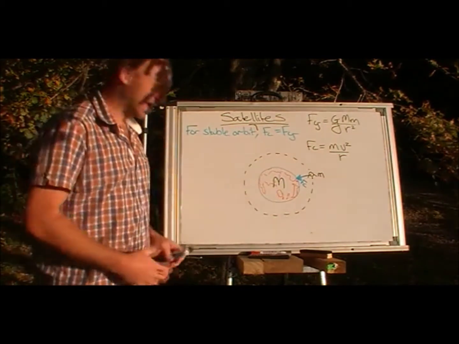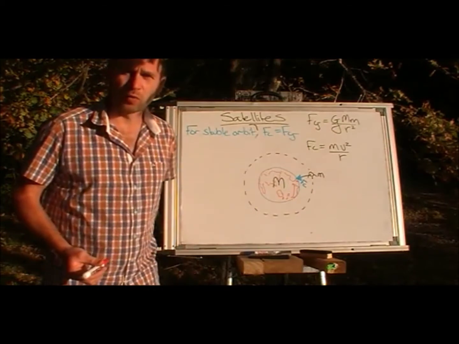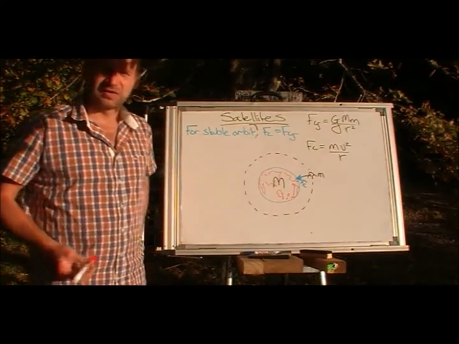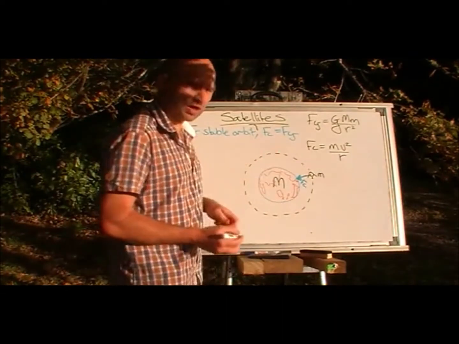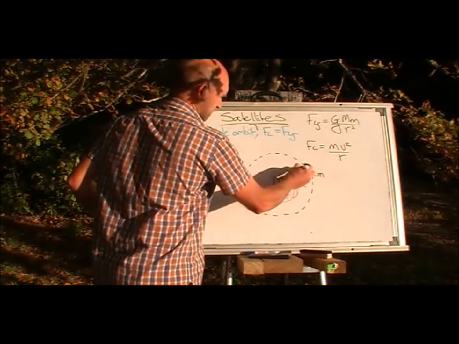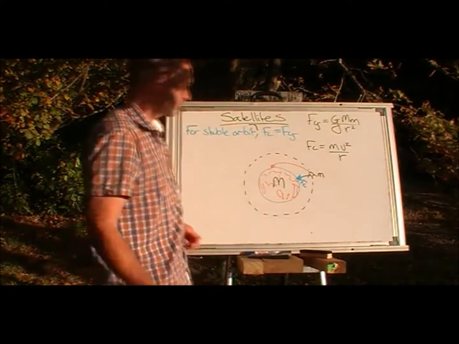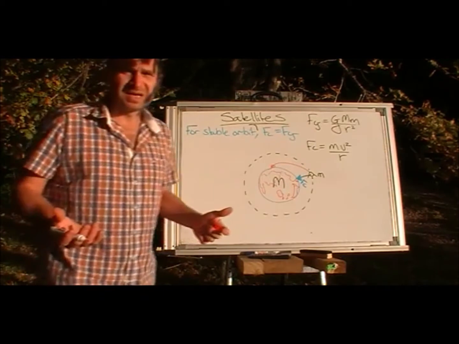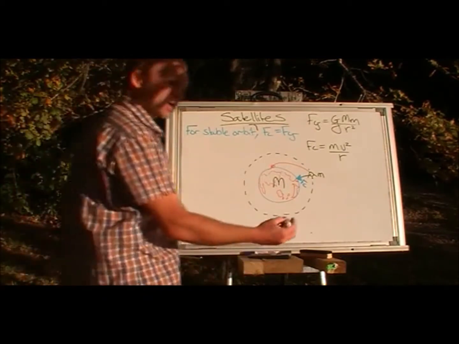So what would happen if gravity was providing more force than was required for the centripetal force? What might that look like? Instead of circular motion, it's going to be spiraling inwards. And what about if gravity's providing too little force for the centripetal force that's required? What's going to happen then?